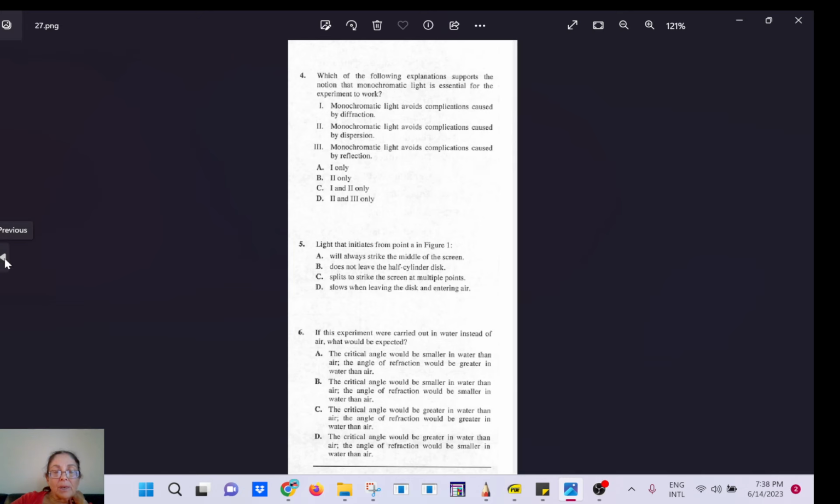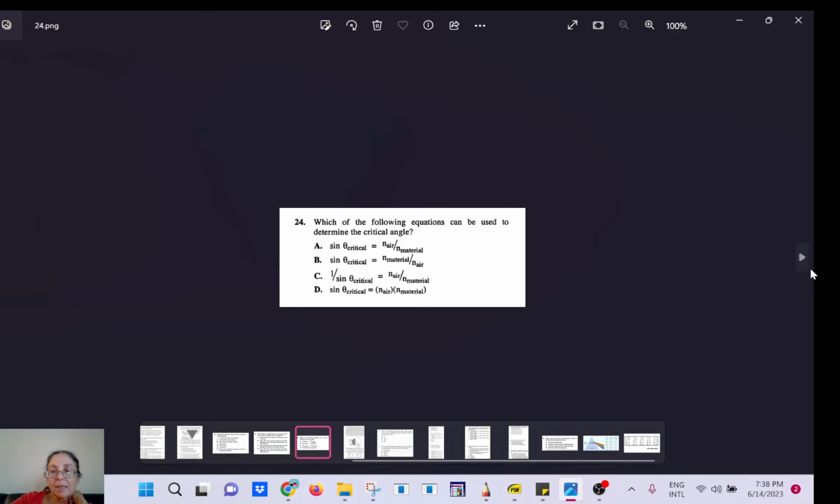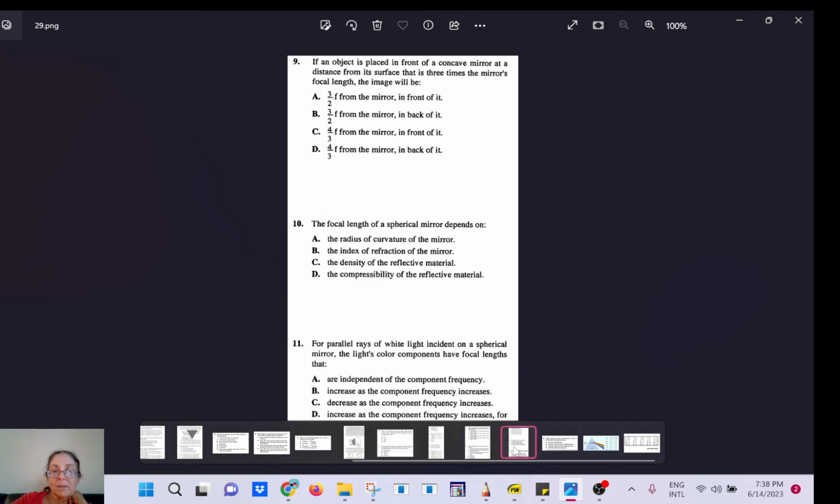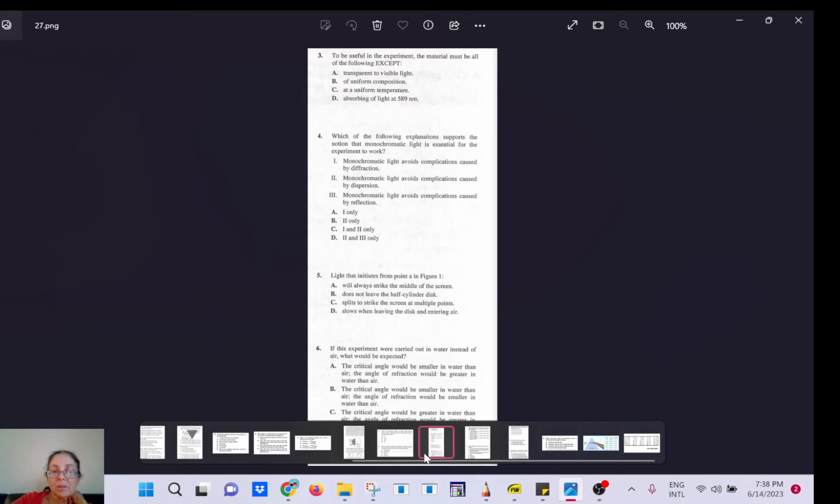So if you put light from point A, so point A is here. If you put the light here, you see there won't be any refraction. It's going to go in a straight line and it's going to hit the screen here. So I recommend that you pause the video and try to solve the problems, of course, but it will go in a straight line, and you can see that here again.